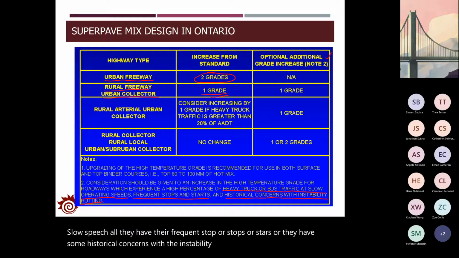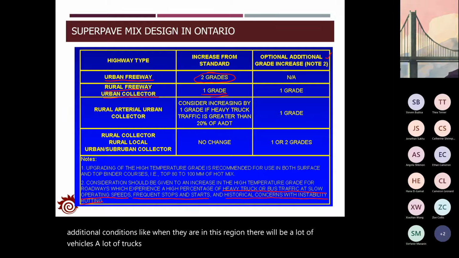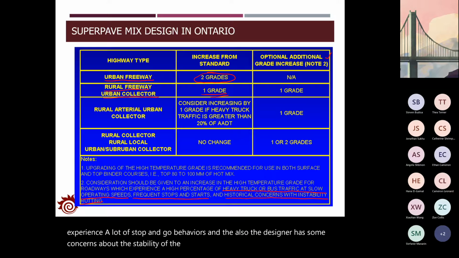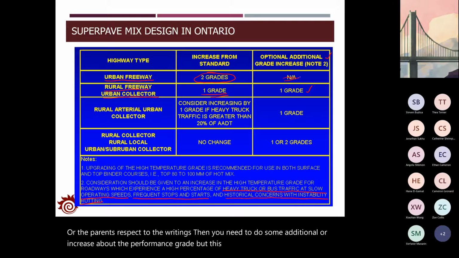So if there are additional conditions, like in this region there are a lot of trucks and buses moving slowly, experiencing a lot of stop-and-go behaviors, and the designer has some concerns about the stability of the pavement with respect to rutting, then you need to do some additional increase of the performance grade. But this does not apply to the urban freeways.